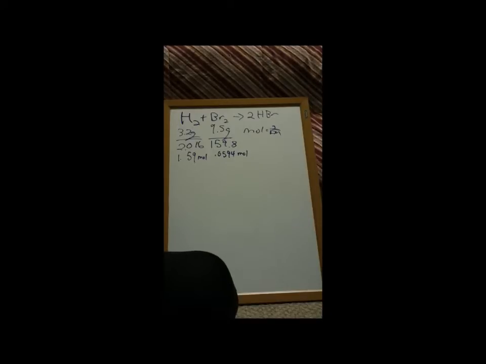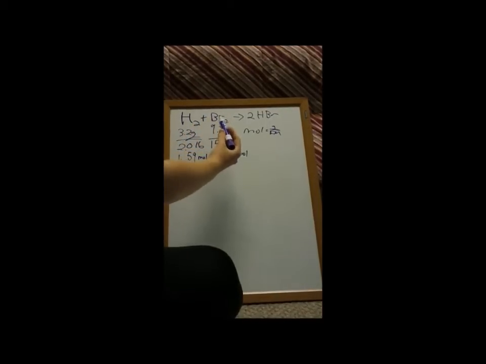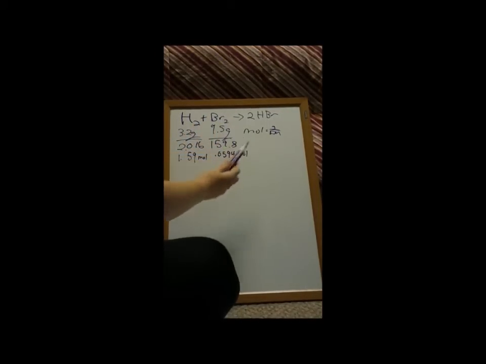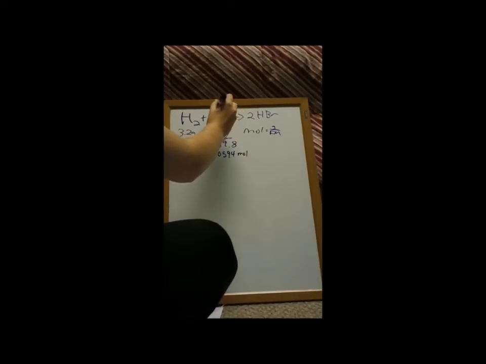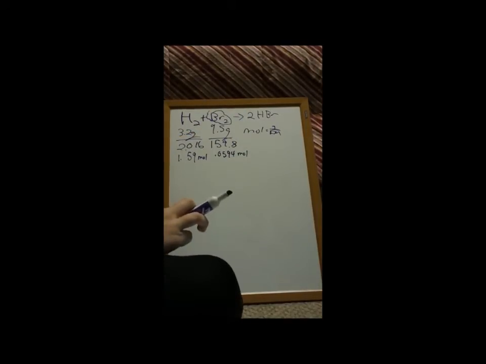Now that we have found our moles, we know that since 1 mole of hydrogen reacts with 1 mole of bromine, bromine 2 is going to be the limiting reagent or reactant because there is less of it. So the answer for B, the limiting reagent, is going to be our bromine 2.